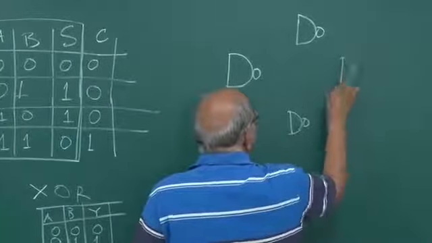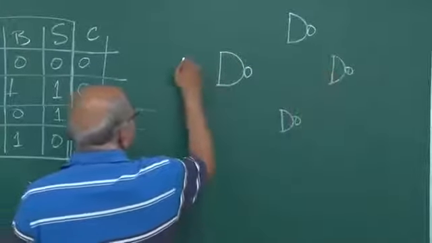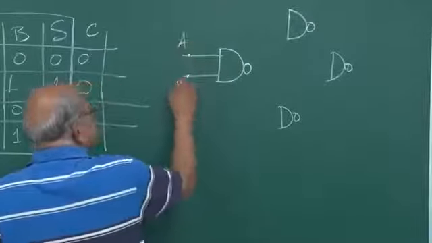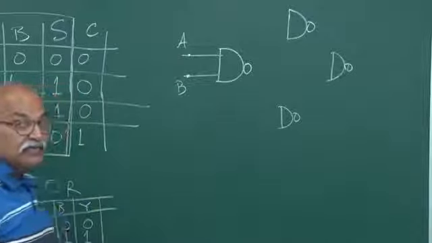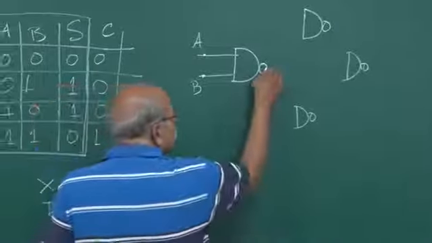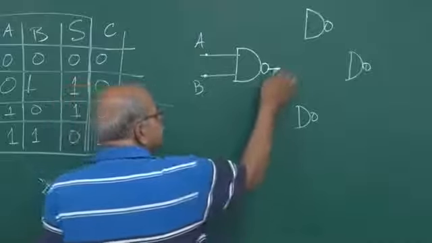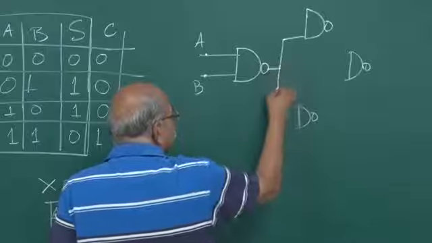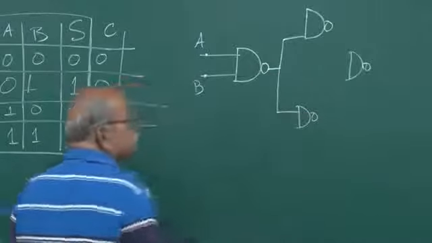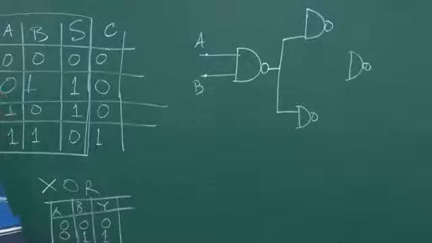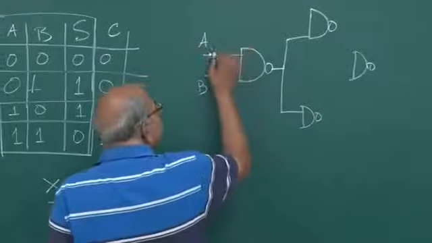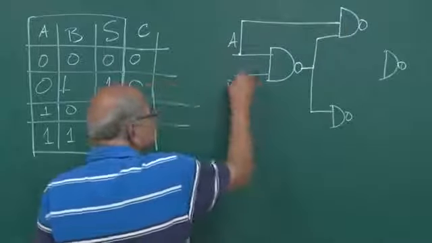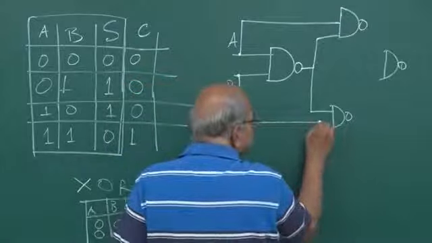So these are 4 NAND gates and here are the 2 inputs A and B. Then the output of this first NAND gate goes as an input here and also goes as input here, one of the 2 inputs. And then the second input comes from this A point itself. So this goes here and then from B this goes here.